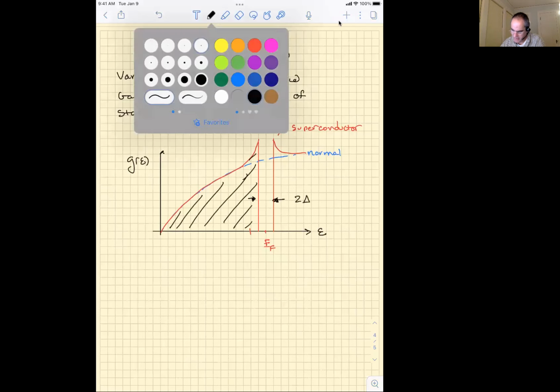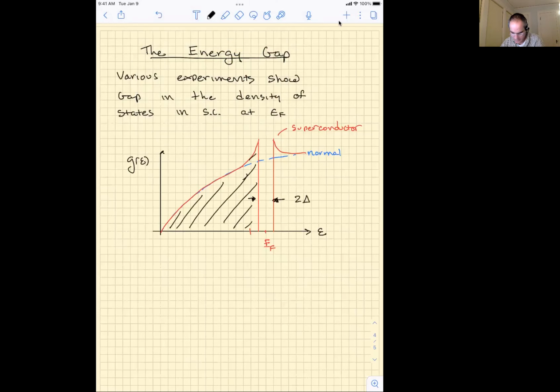And as I mentioned, there are a variety of experiments that show this. And one of the clearest is a tunneling experiment, for a system that's a superconductor connected to a normal metal through an insulating gap.